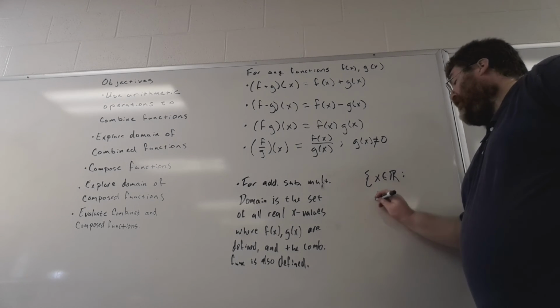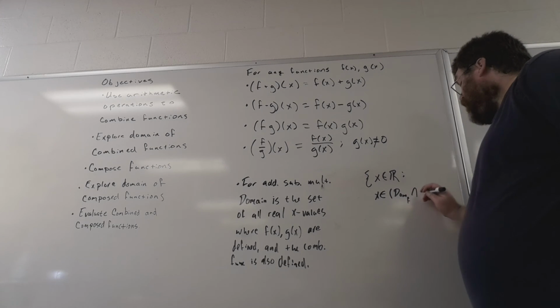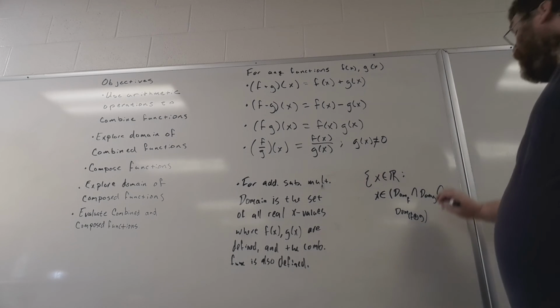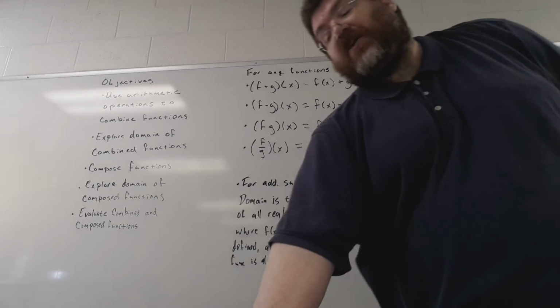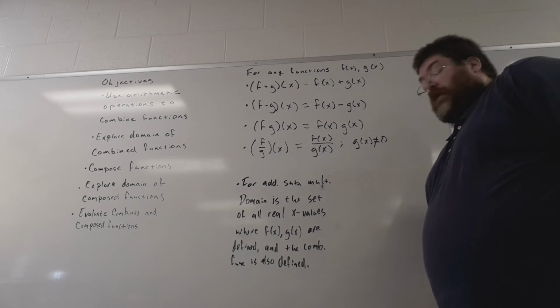We could say x is in the intersection of the domain of f, domain of g, and the domain of whatever operation we're using to combine them. But I wouldn't worry about this. I introduced it, so I wanted to finish it.